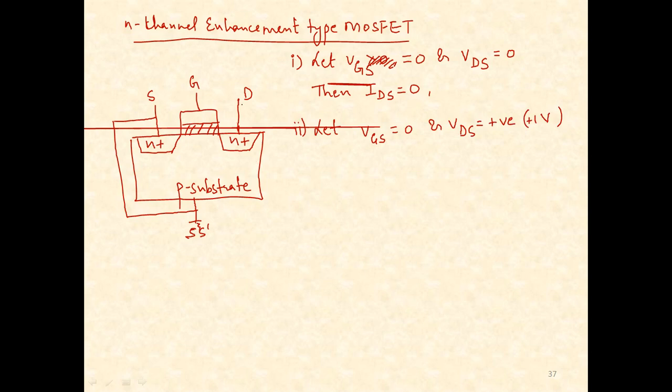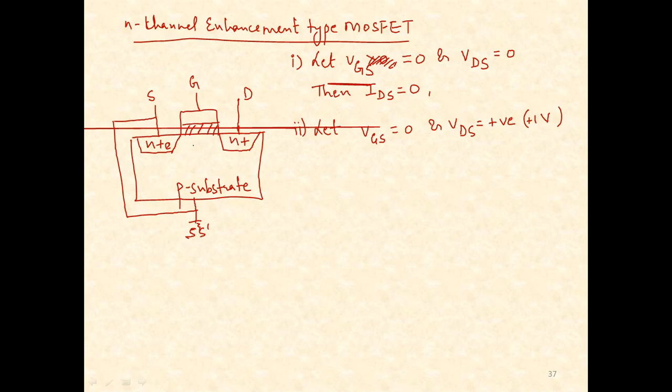See, when we apply drain potential, the drain tries to pull the electrons from the source towards the drain. But the problem is the electrons which are present in the source have to enter into the semiconductor portion which is full of holes. Right now there is no channel.